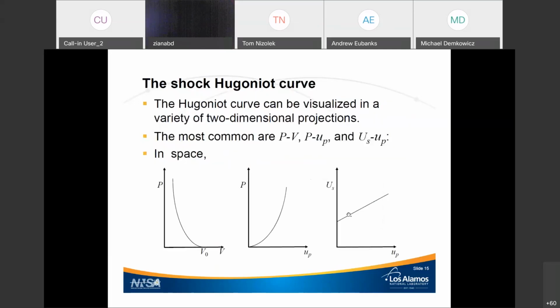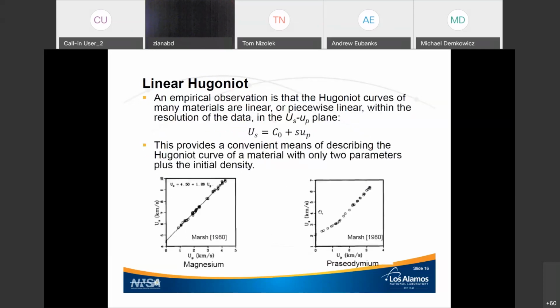Now, notice this is a straight line here. There's a reason for that. An empirical observation is that the Hugoniot curves of many materials are linear, or at least piecewise linear, within the resolution of the data in the US UP plane. So here's an example.